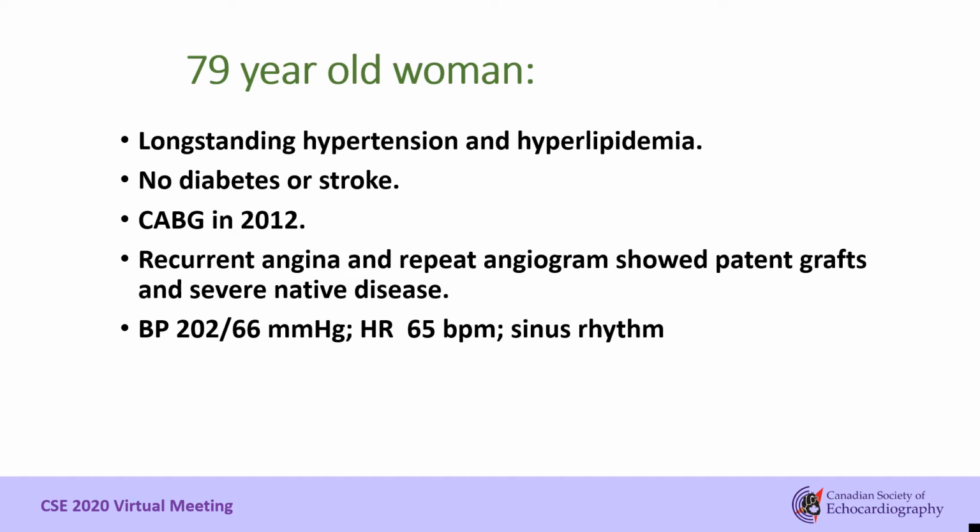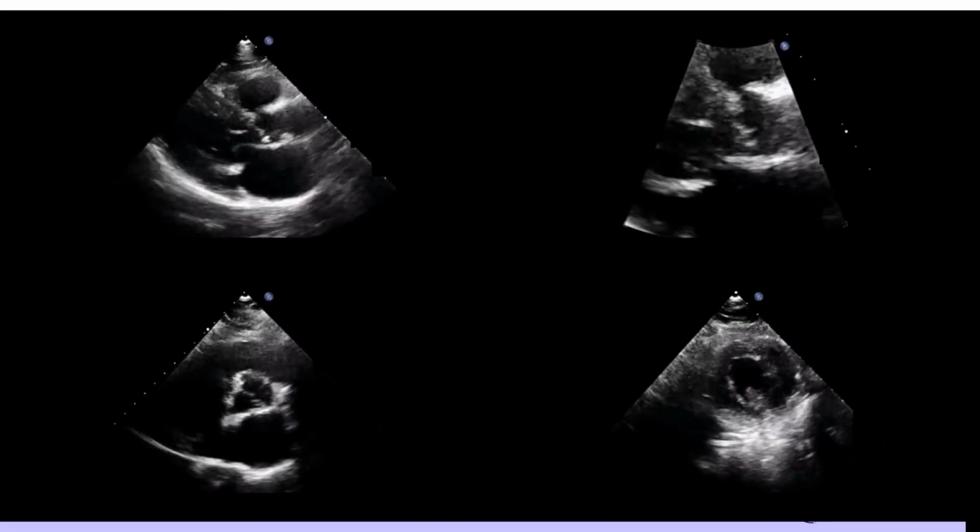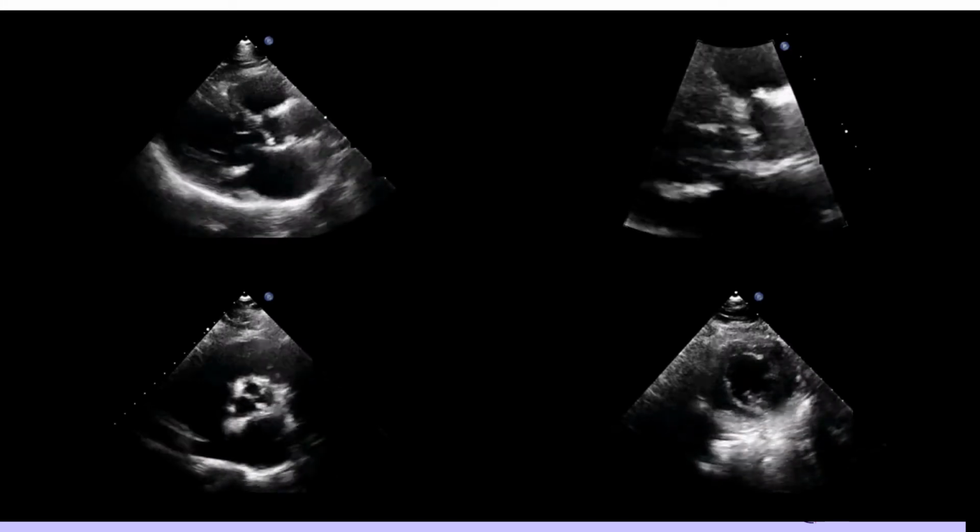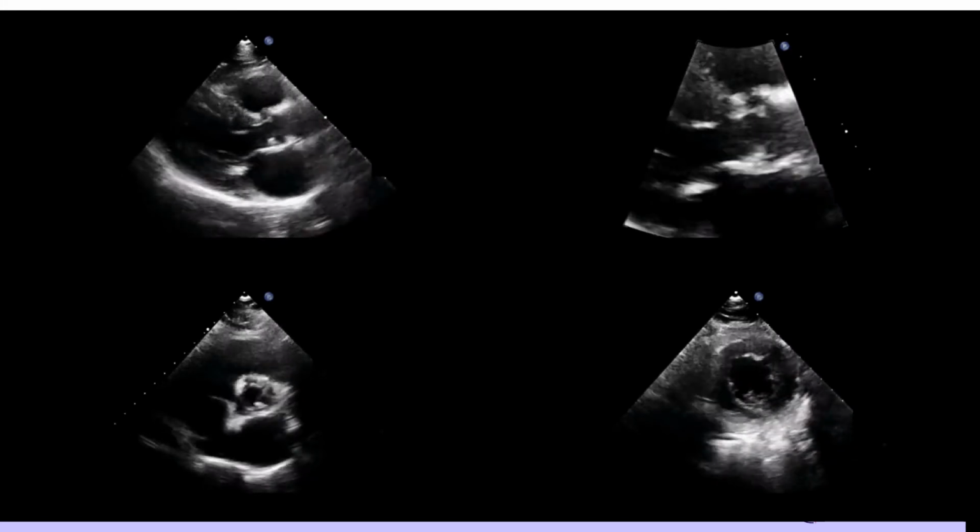Her blood pressure during the echo study was shown here. She was clearly hypertensive with a blood pressure of 202/66 during the echo study. The parasternal images showed normal left ventricular size and function.